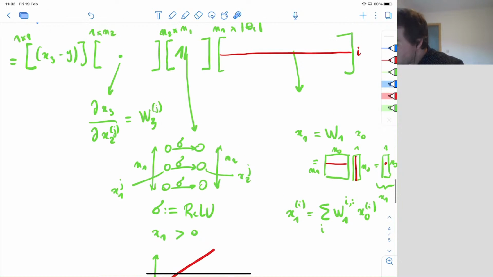So this guy over here will be a long vector which is mostly made of zeros, because there are many entries, all these ones and all these ones, which will not affect the value of the corresponding output.